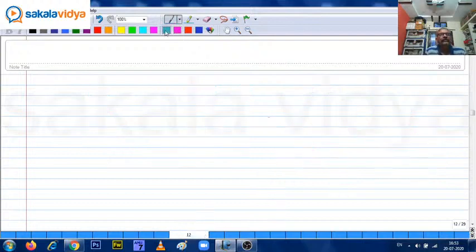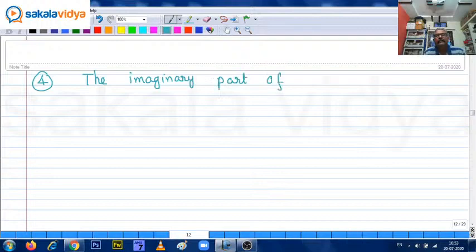Okay. Fourth example. The imaginary part of z is equal to 5 is: first option 5, second option minus 5, third 0, fourth 25.